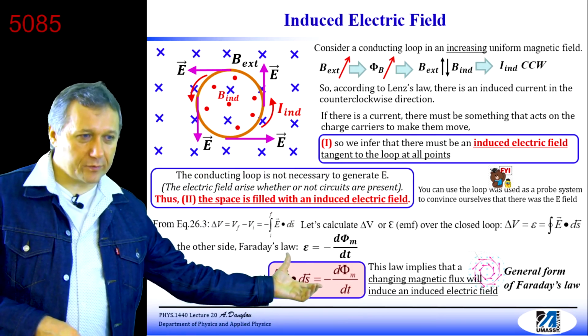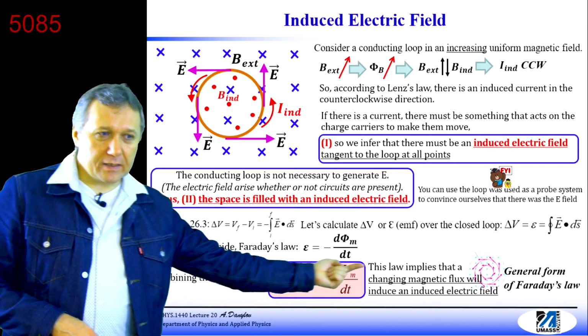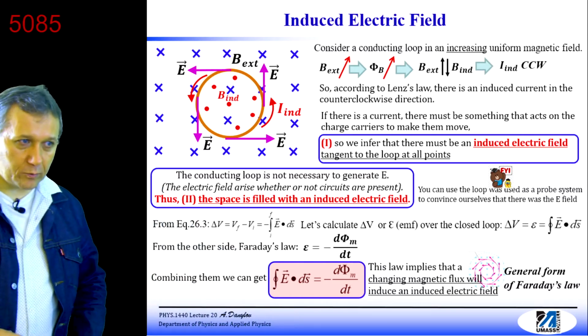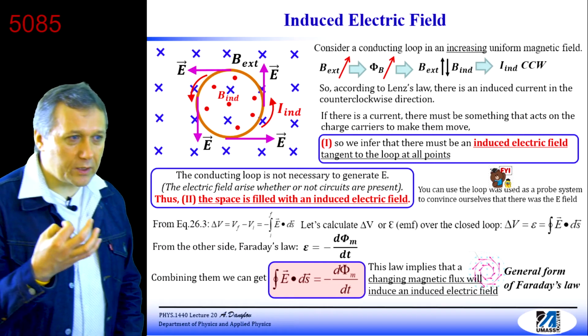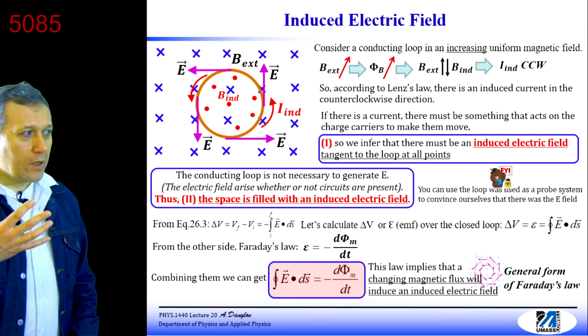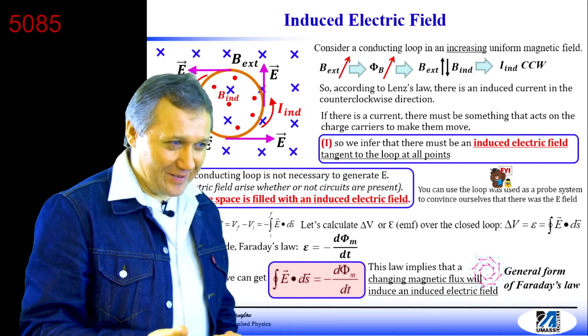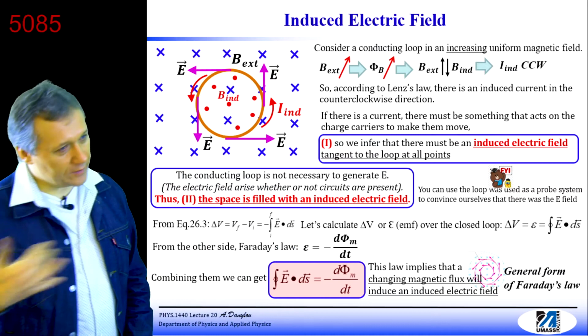Every time it will be written in terms of electric field and magnetic field inside of this magnetic flux, in terms of fundamental quantities. Again, EMF is a ridiculously useful quantity, but it's more for people who work with applications. For physicists, usually it's the electric field and magnetic field.